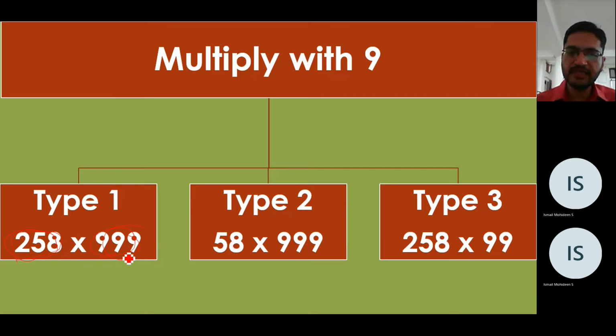In the second type, the number of nines is 3, but here the digits are 2, means the digits are less than the number of nines. And in the third type, number of nines are 2 and number of digits are 3, means number of digits in a number is greater than the number of nines.